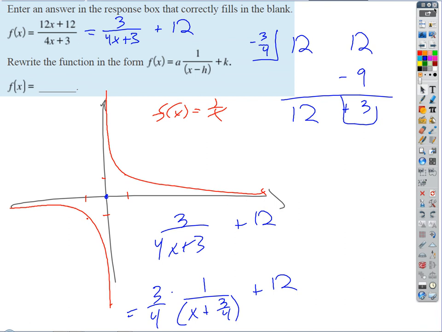If the ant walks along this function forever to the right, he's going to get to every positive x value. If he starts up here, close to 0, he'll never get to 0, will he? He'll get arbitrarily close to it, but he's never going to get there. If he walks backwards in the negative x direction forever, he's going to approach 0 again, but this time from the bottom.